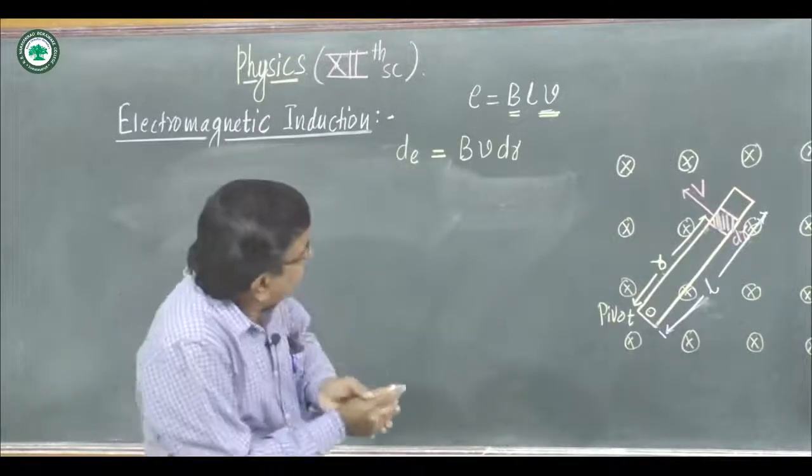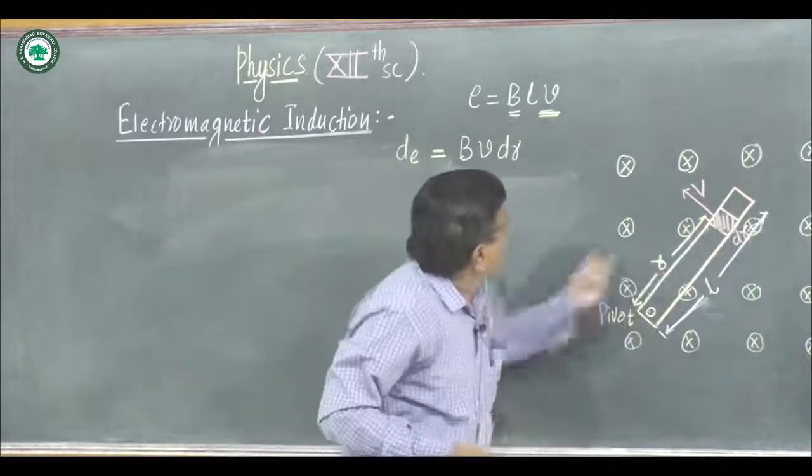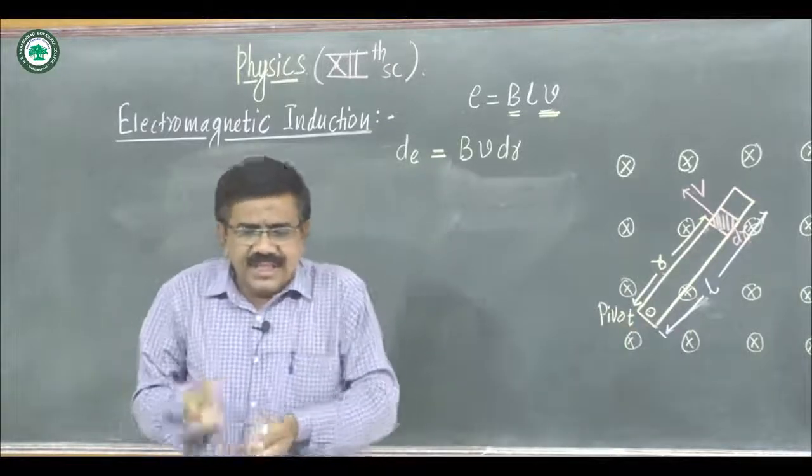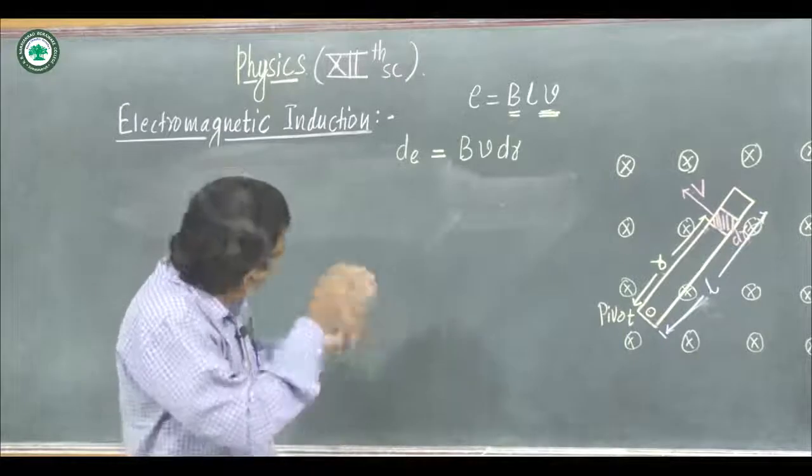So the total EMF will be the addition of such small EMFs, denoted by integration.